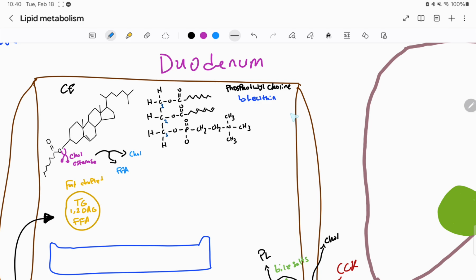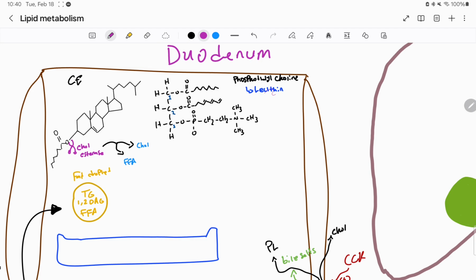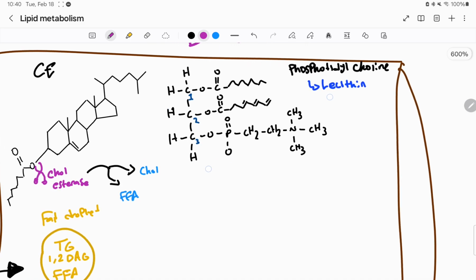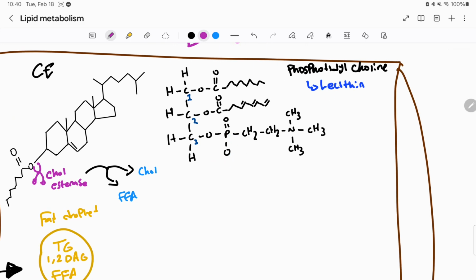Now, the phosphatidylcholine, or lecithin, I said was also coming out of the bile. That will also get digested in the way I'm about to talk about. There's also phosphatidylcholine in the diet. The enzyme working here is phospholipase A2, or PLA2, and it specifically cuts at the SN2, or second carbon position.